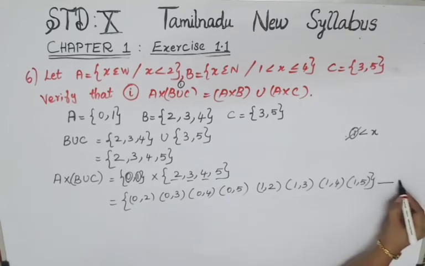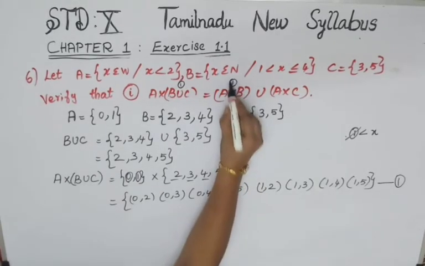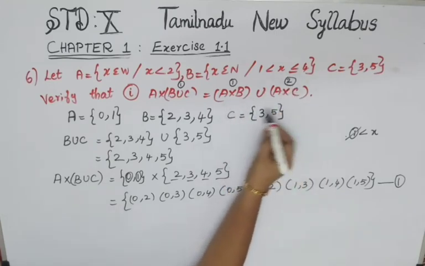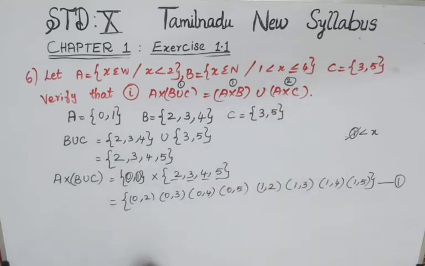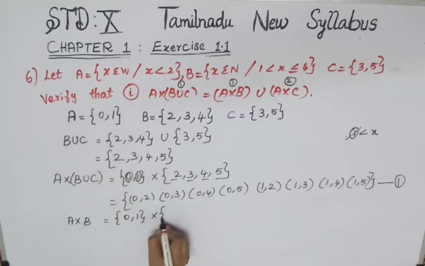Since we have finished our left hand side, keep it as 1. Now the right hand side. Your first step is A × B, the second step is A × C, and the third step is union. First, A × B: write your A, {0, 1}, cross your B, {2, 3, 4}.